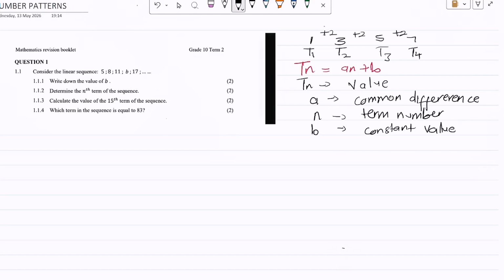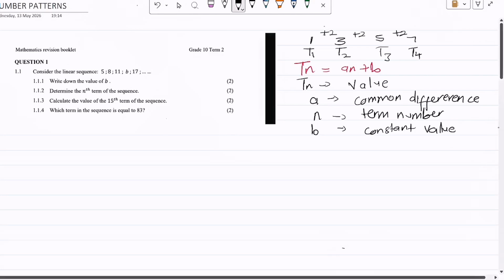Now, how do we find a? We say a is equal to T2 minus T1, which is also equal to T3 minus T2, which is also equal to T4 minus T3 going forward.